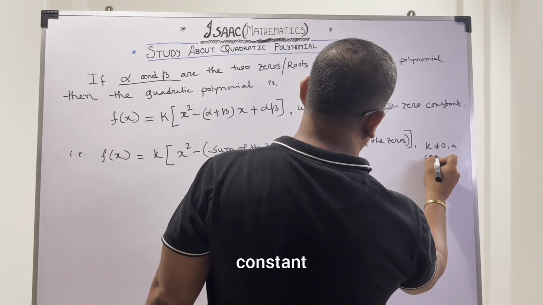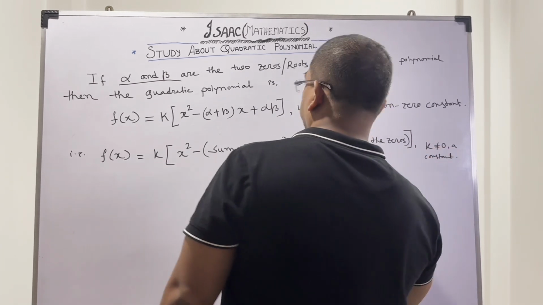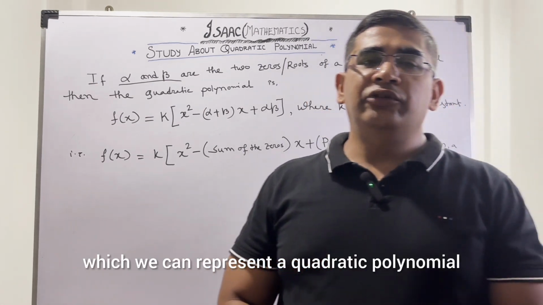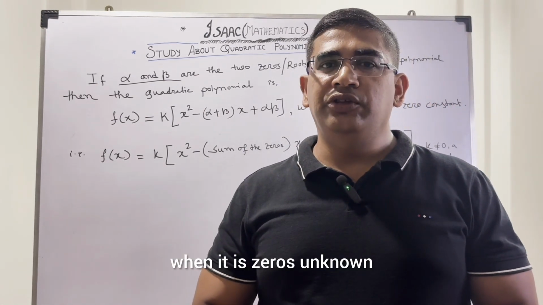This is the form by which we can represent a quadratic polynomial when its zeros are known.